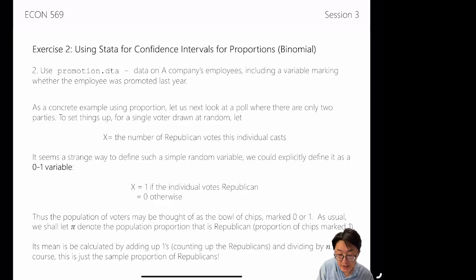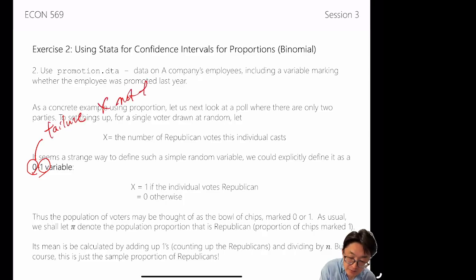Usually with this kind of data, you see either a 0 or 1 variable. 0 is failure or something not happening, and 1 is success or something happening.